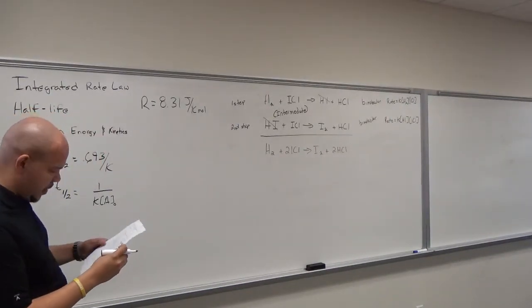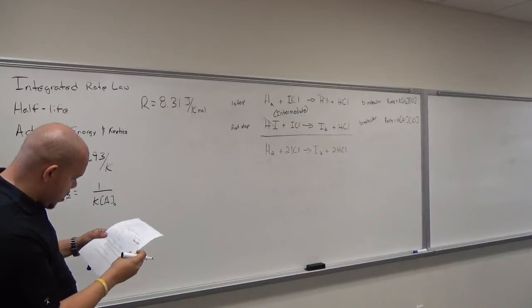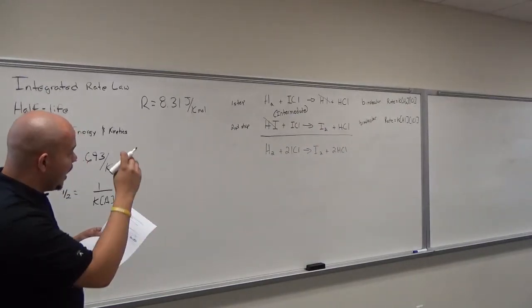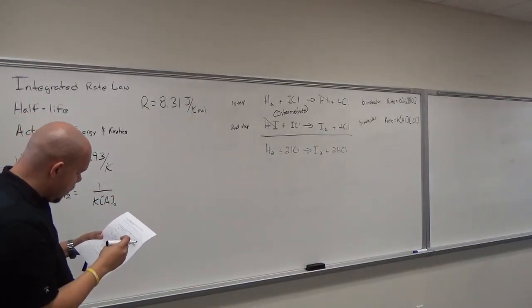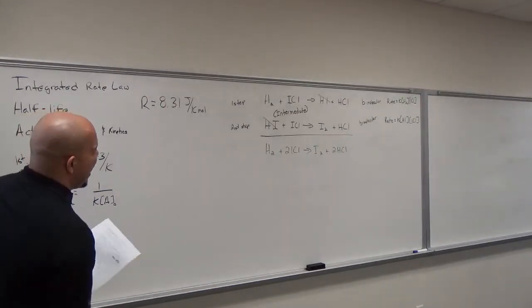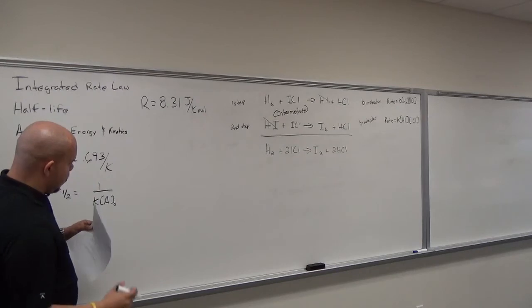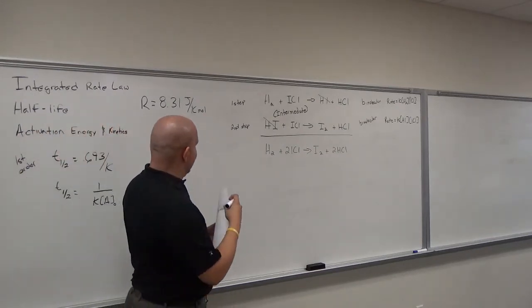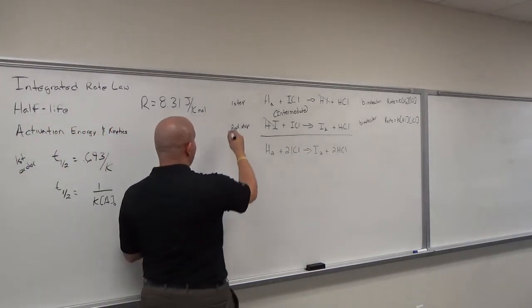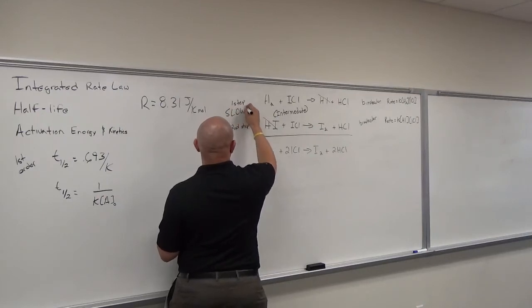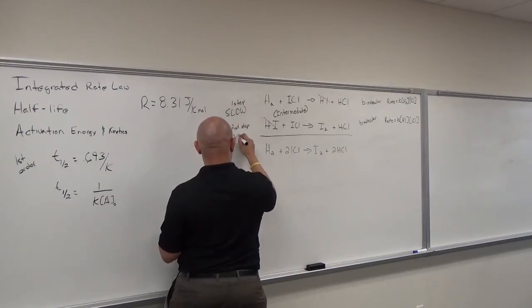These are the two steps that give us these two products. So molecularity, bimolecular for both, identifying intermediates. HI has been identified as an intermediate. Now, they tell us that the first step is slow and the second step is fast.